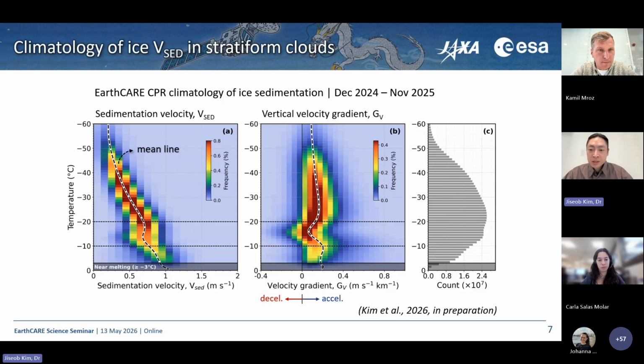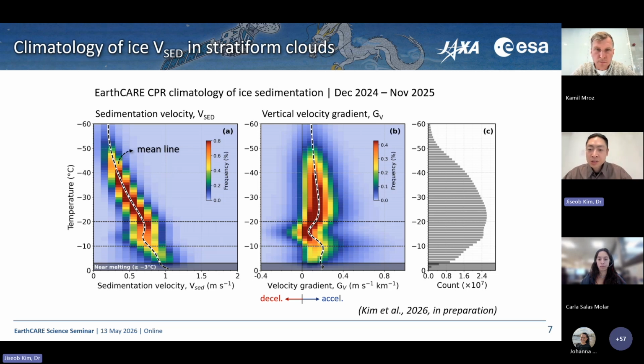But the interesting thing is the region between -20 and -10 degrees. In this temperature range, the particles start to slow down. You can see this much more clearly in this gradient field. We only selected regions where reflectivity is increasing. So even though the particles are still growing, we still observe a deceleration in this temperature range.